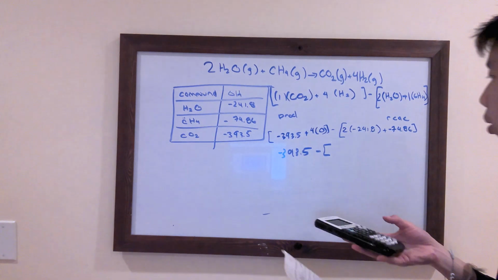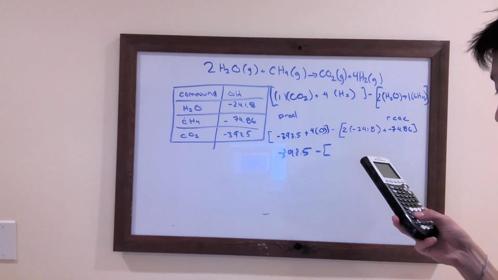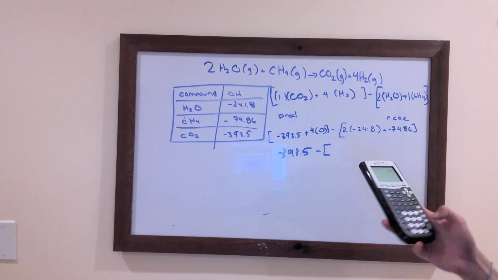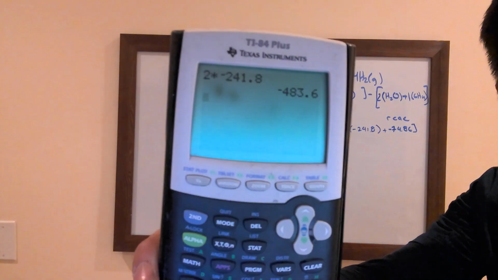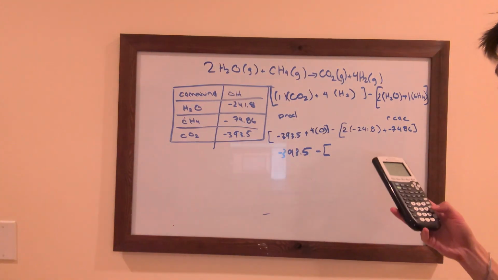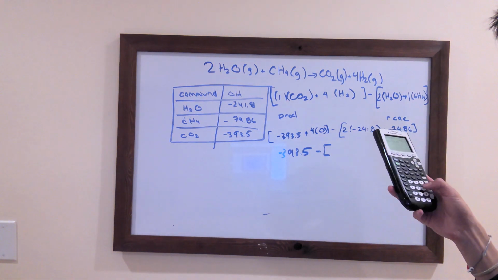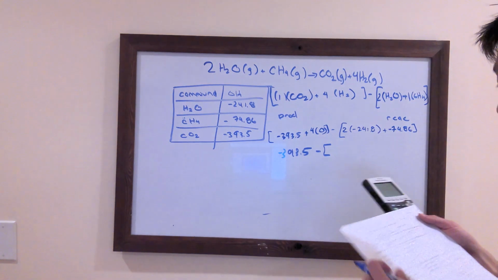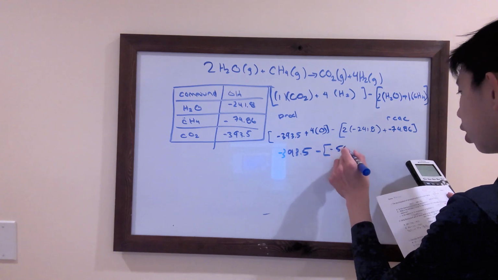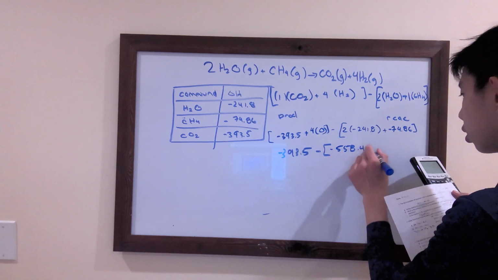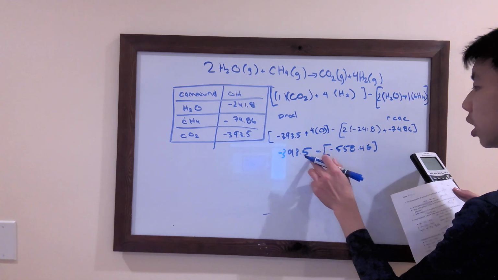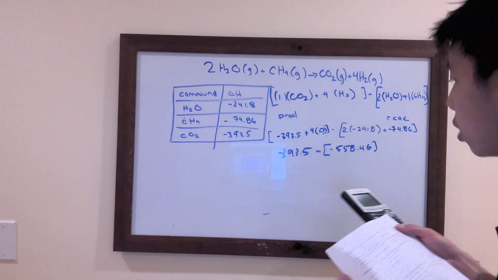Let's calculate this out. 2 times negative 241.8 is negative 483, plus negative 74.86 gives you negative 558.46. Then this negative negative turns into a positive.